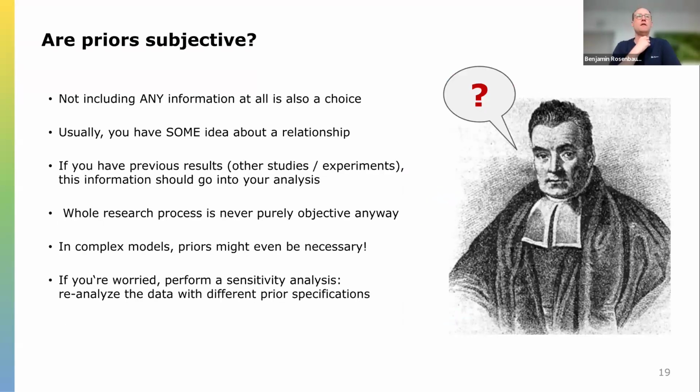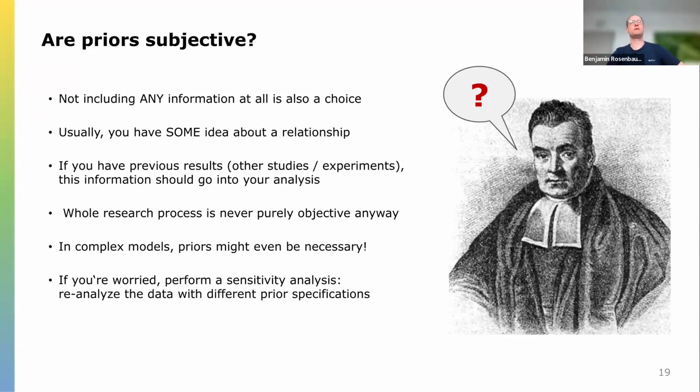And I would say, first of all, not including any information is also a choice that you are making, right? If you say, okay, I'm completely blind towards the results, I just let it purely be informed by the likelihood and by the data points, this is also a conscious choice.